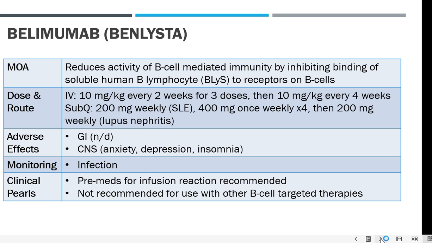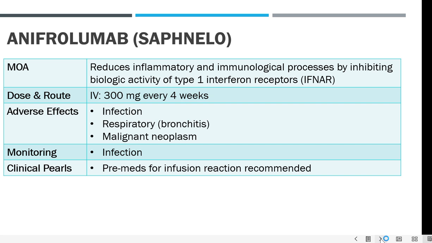Next, anifrolumab is another one of our biologic agents. It reduces inflammatory and immunologic processes by inhibiting the biologic activity of type 1 interferon receptors. Again, it has some infection as well as malignant neoplasm and respiratory adverse effects. And we would still want to monitor for infection and use pre-meds for infusion-related reactions.